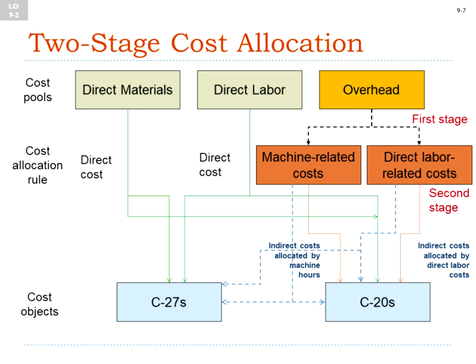First, you've got to define the cost pools, and then the cost pool overhead. That overhead is separated into intermediate cost pools, machine-related costs and direct labor-related costs. And then finally, those costs from the intermediate cost pools are going to be allocated based on an appropriate allocation rule for each specific pool.